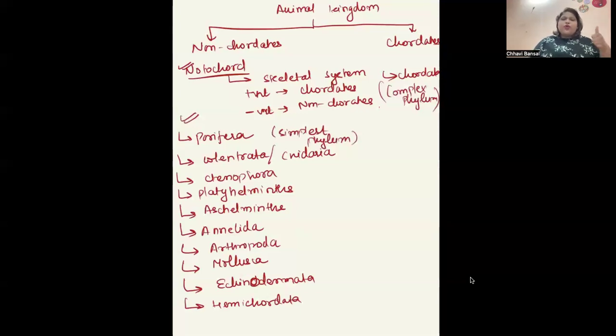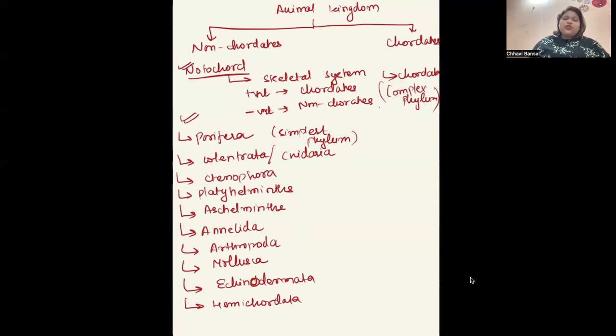First phylum is Porifera. Second is Coelenterata. Third is Ctenophora. Fourth is Platyhelminthes. Fifth is Aschelminthes. Sixth is Annelida.